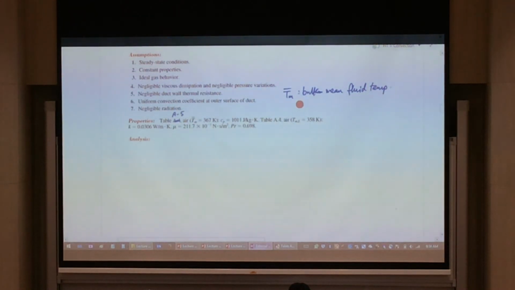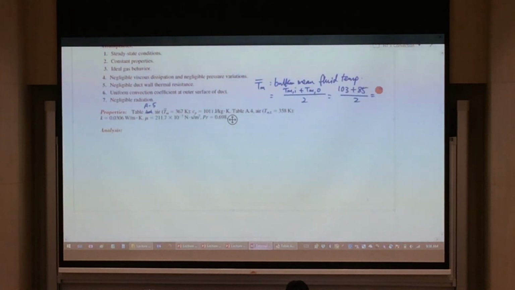What that means is that it's equal to your T in plus T out divided by 2. In this case, that's 103 plus 85 divided by 2. That will give you 94 degrees Celsius.